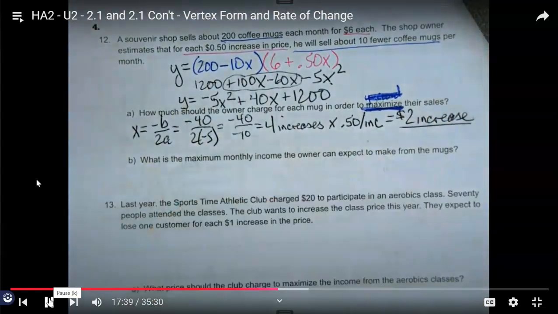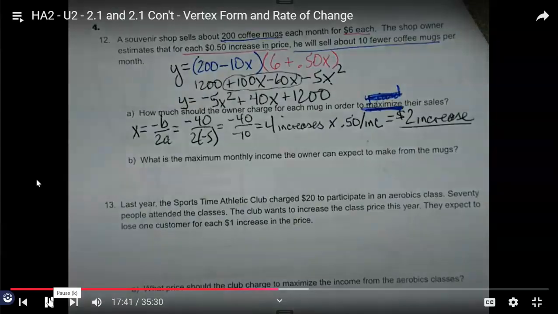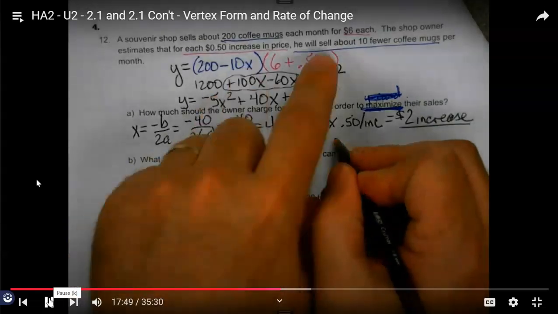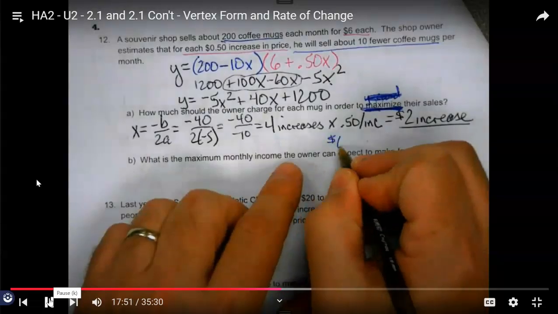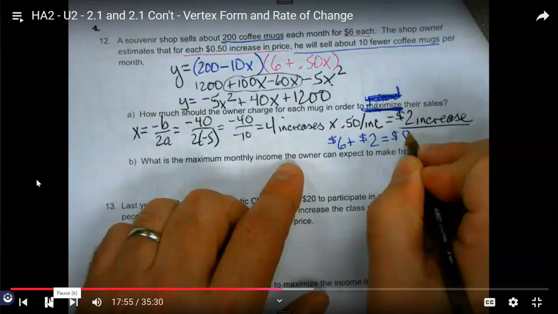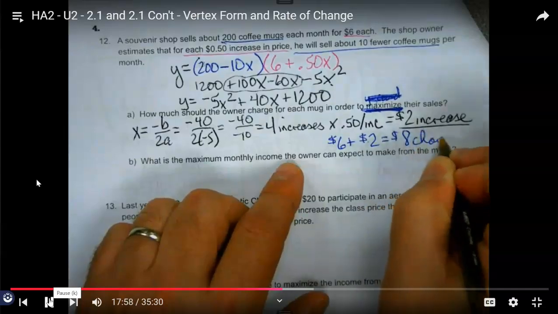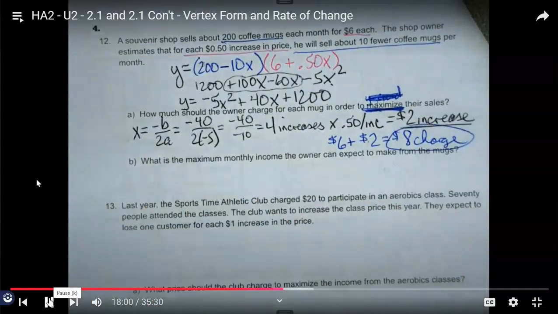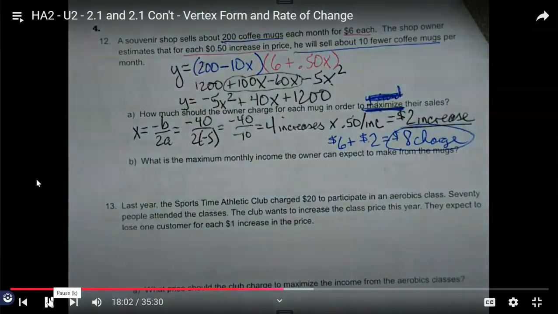So the math is telling the owner, hey, you need to increase the price of your mugs by $2 each, which means if I'm currently charging $6 and I add this $2 increase, I should be charging $8 a piece.